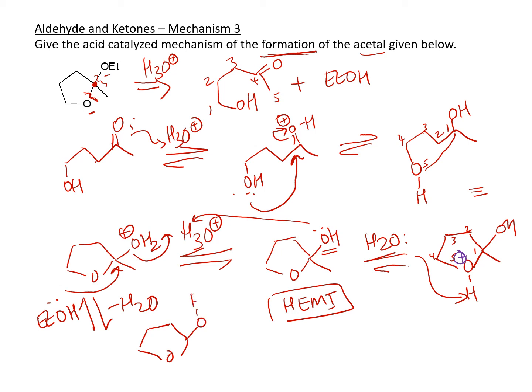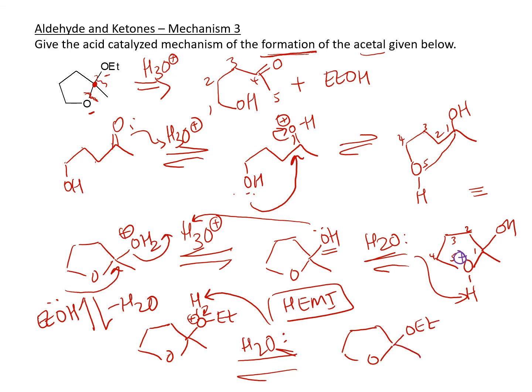You don't have to write it if you don't want to, but I would encourage you to write it also, because just like when you're adding things, when you're removing things it's helpful too. So go ahead and write that out. The last thing I have to do now is deprotonate my oxonium ion, and here we are, OEt, and then the methyl group right here.